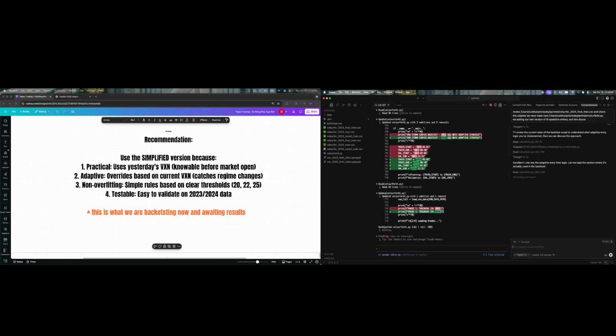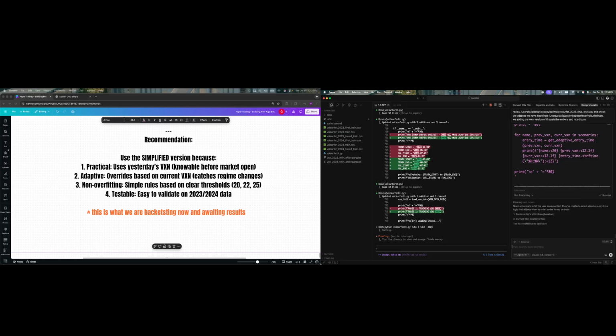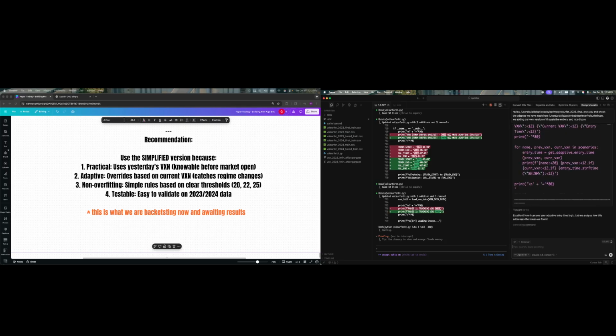Excellent. I can see the adaptive time entry logic. Let me read the section where it's actually used in the backtest. Perfect. I can see your adaptive entry logic. Let me analyze this and address the issues we found.